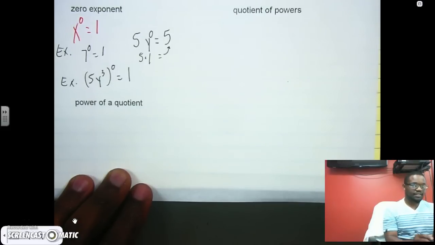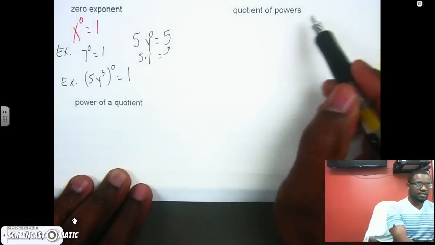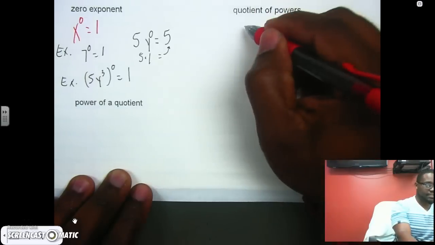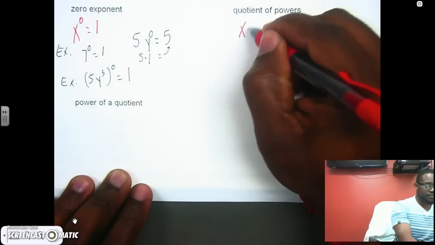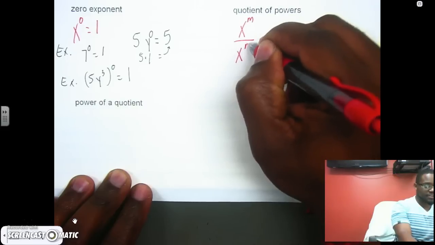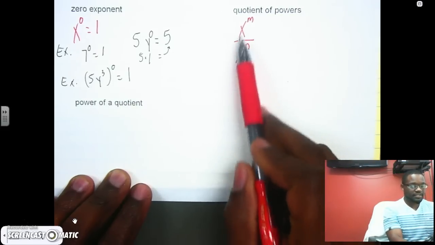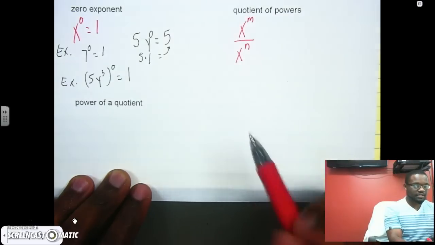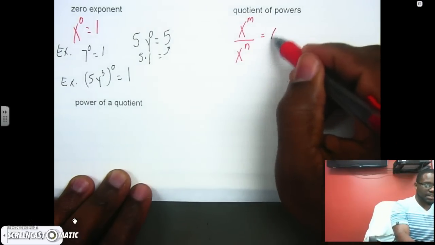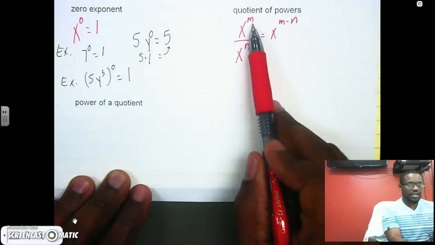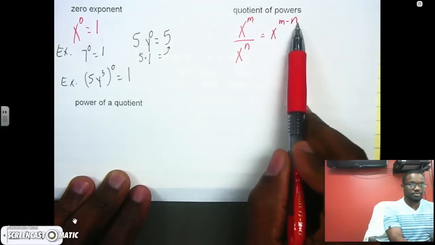Now the next thing is quotient of powers. This simply says, in the case of dividing and you have the same base, you divide by subtracting. You have to subtract in that order: top exponent minus the bottom exponent.